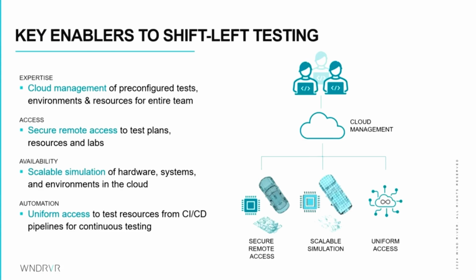The secure remote access not only facilitates this flexibility, but also ensures that sensitive data remains protected, especially in critical sectors like healthcare, aerospace defense, and automotive. This means that no matter where your team members are located, they can contribute effectively while maintaining high security standards.